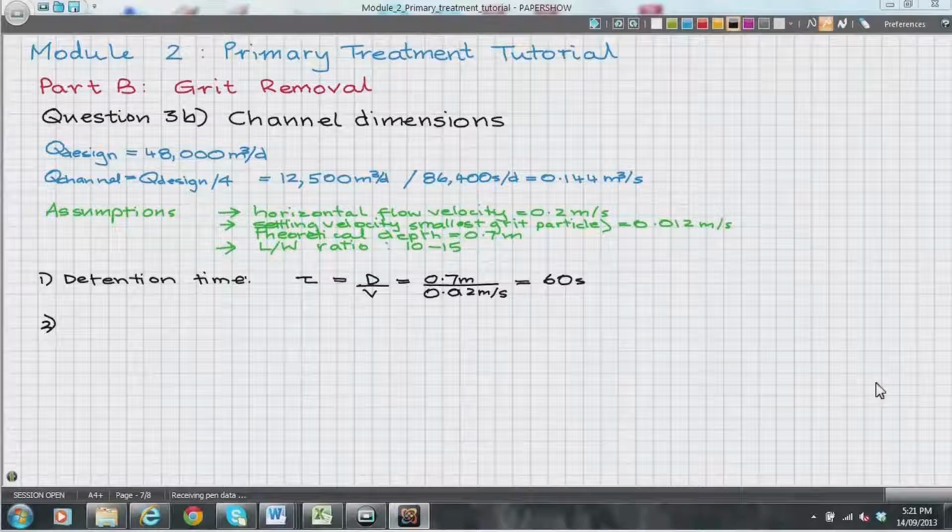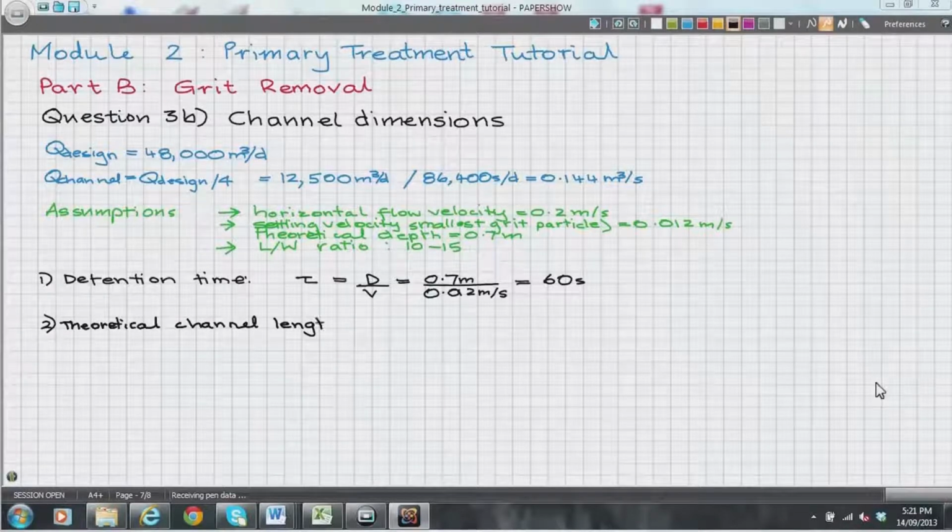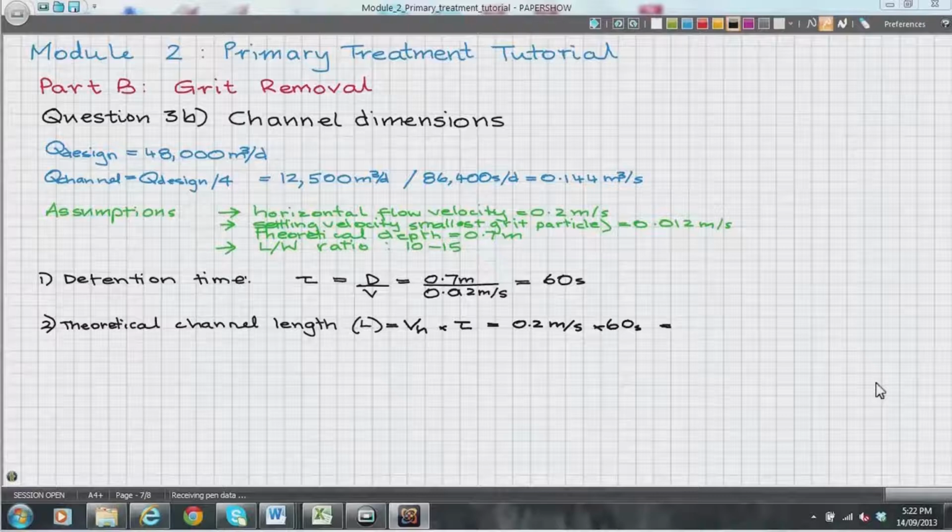The second step is looking at the theoretical channel length. That's going to be the horizontal flow velocity times the detention time. So that is 0.2 meters per second times 60 seconds, which gives us a theoretical length of 12 meters for a channel.